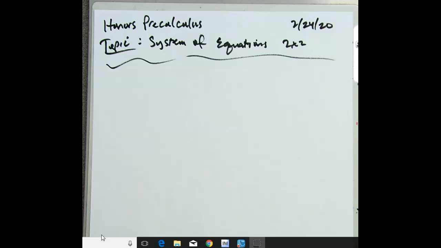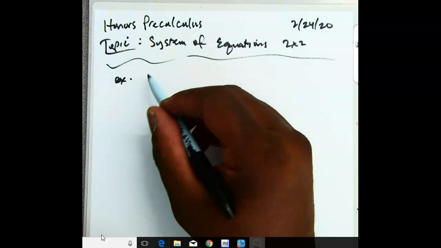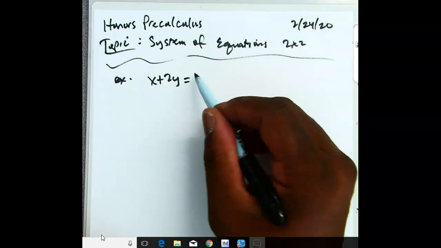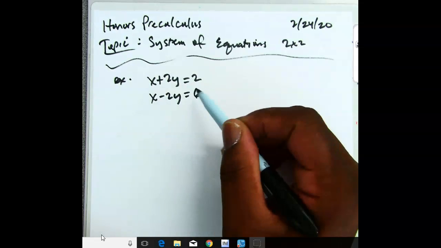So we're going to start off with the system of equations, and we're going to start off with a 2x2 equation. All right, so let's take a look with x plus 2y is equal to 2 and x minus 2y is equal to 6.